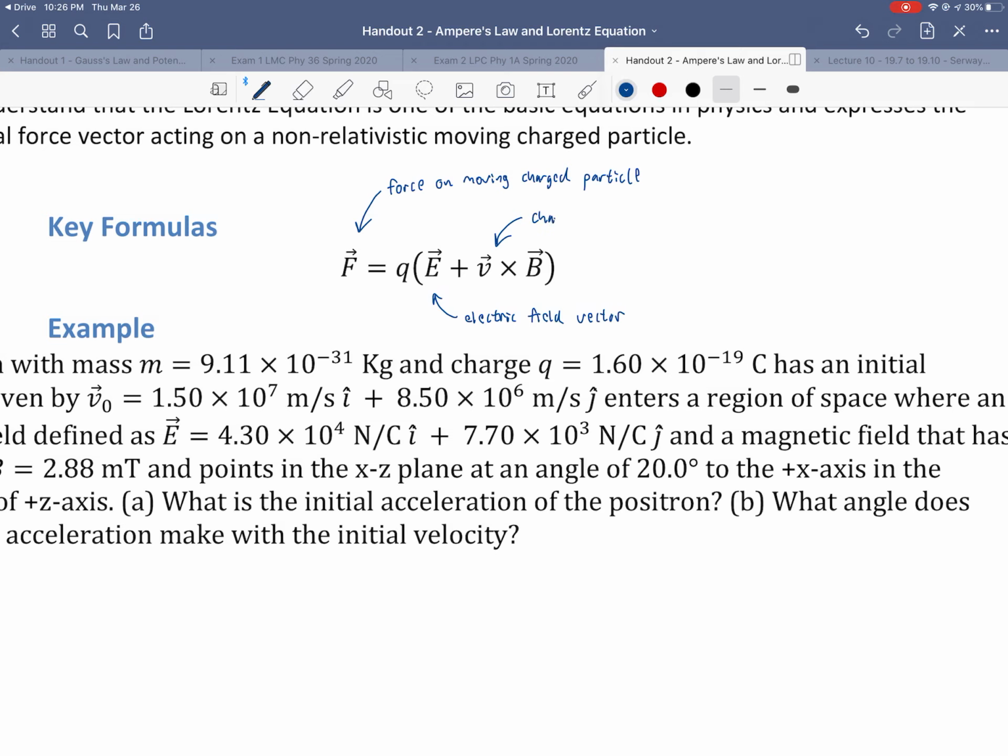Here we have the velocity vector, the charged particle velocity vector. And here we have the magnetic field. And the cross symbol just means it's the cross product.